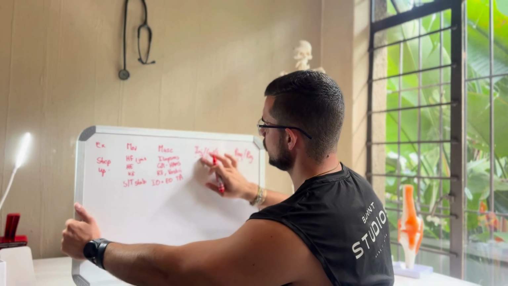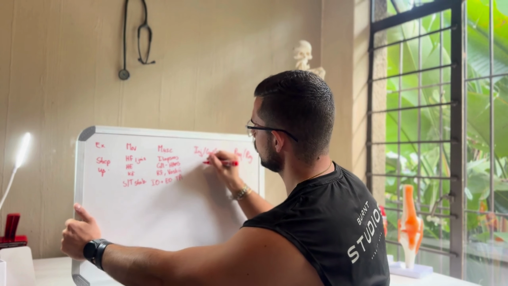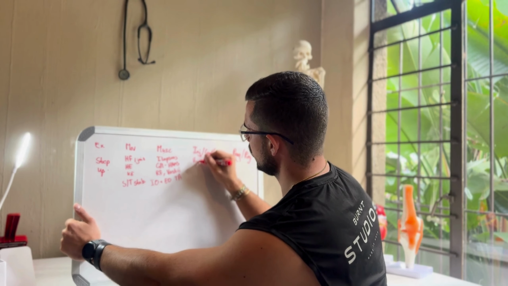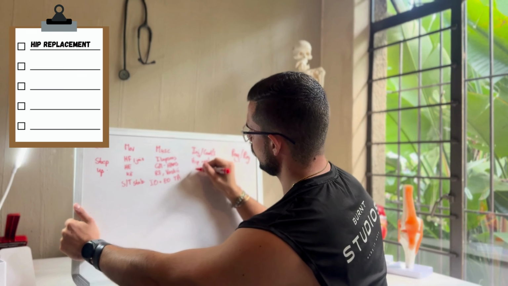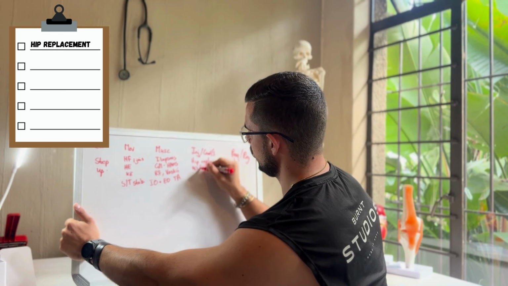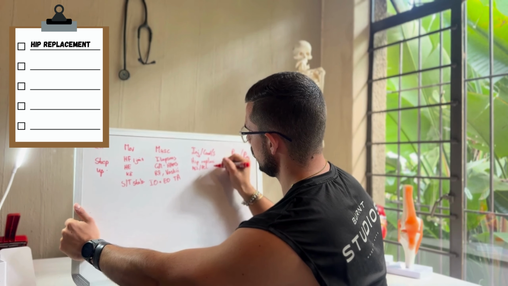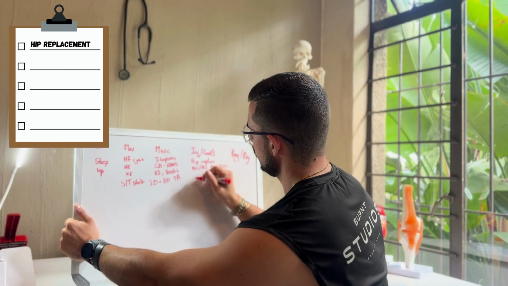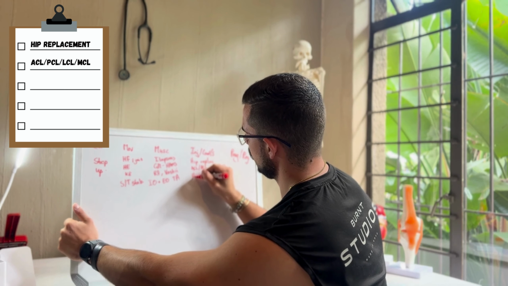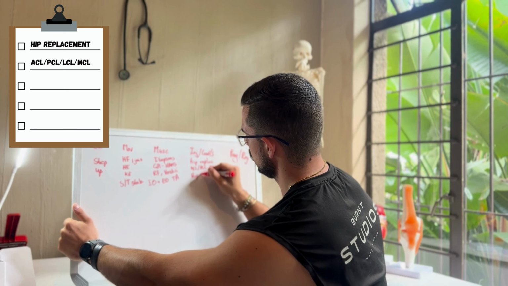Then when we look at injuries and conditions that you can use this for, a very good one is hip replacements. Then you're also going to look at everything in the knee: ACL, PCL, MCL, LCL, and hip impingements.